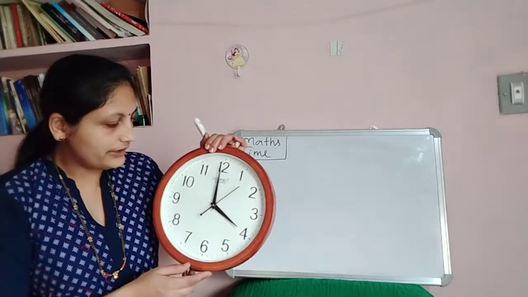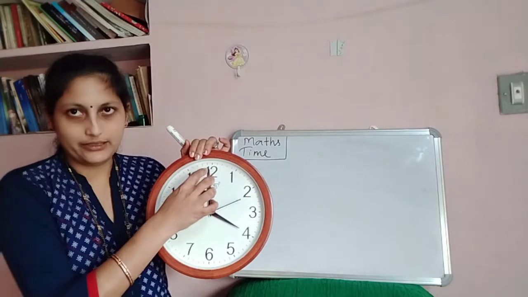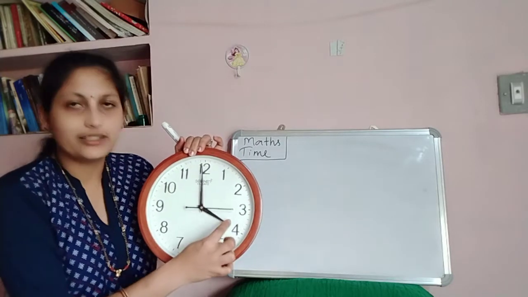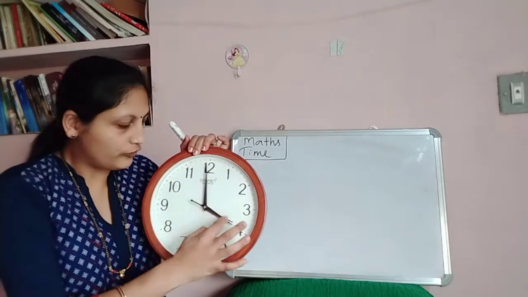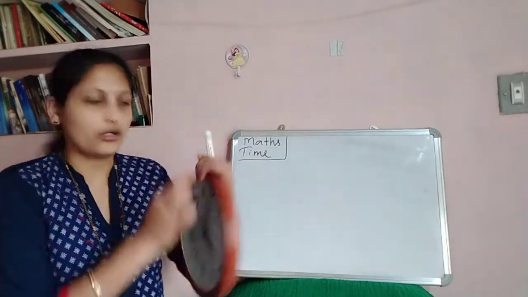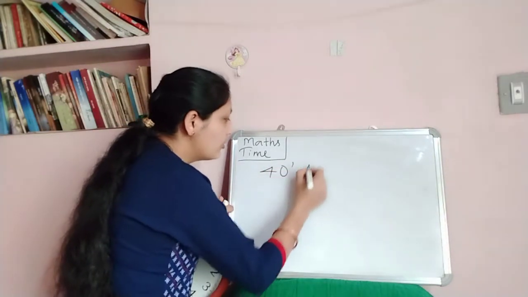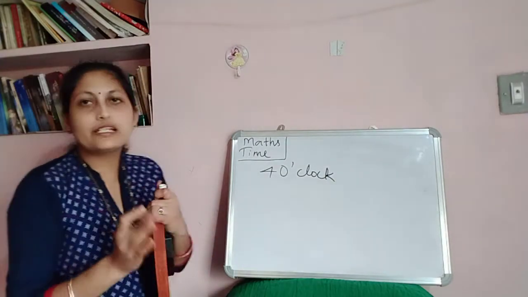You can see now, where is the long hand? The long hand is at 12, isn't it? The long hand is facing 12 and the short hand is facing 4. So the time in this clock is 4 o'clock. It is read as 4 o'clock, and it is written as, how do we write the time?